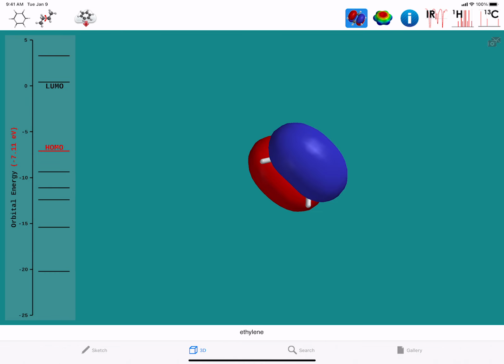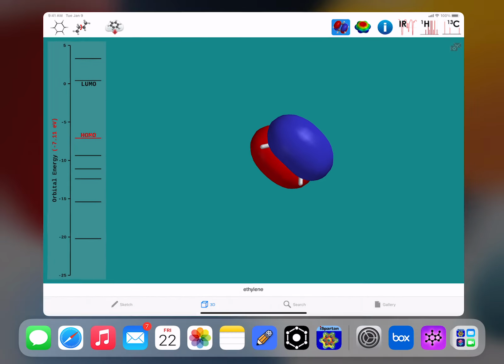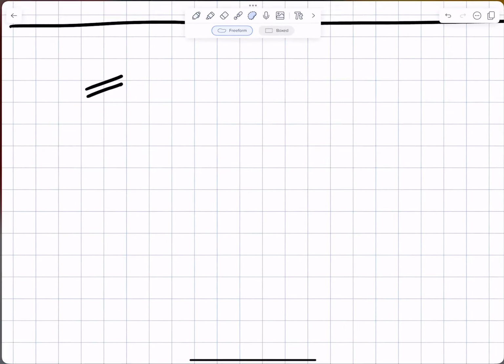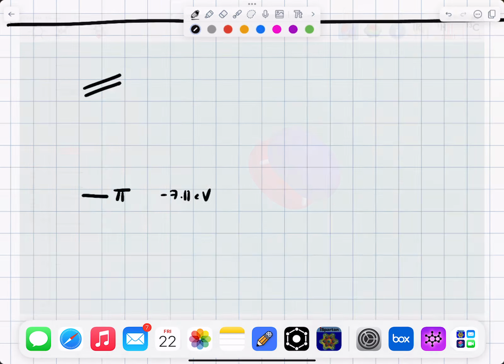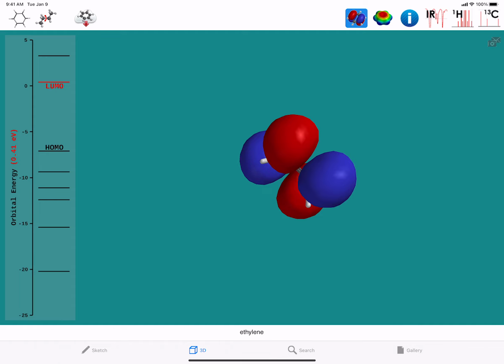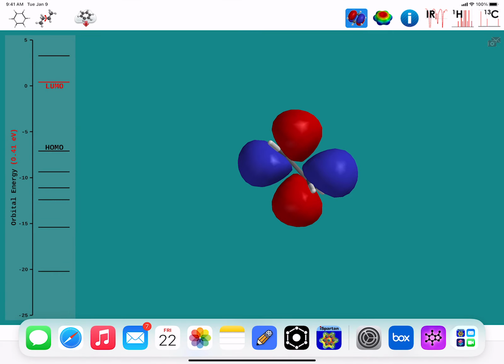Minus 7.1 electron volts for the energy of the highest occupied molecular orbital, which is the pi bond. And then for the LUMO, it's 0.41 electron volts, and that's the pi star. Hopefully that looks familiar to you, pi bond and pi star, okay? HOMO and LUMO for the alkene.